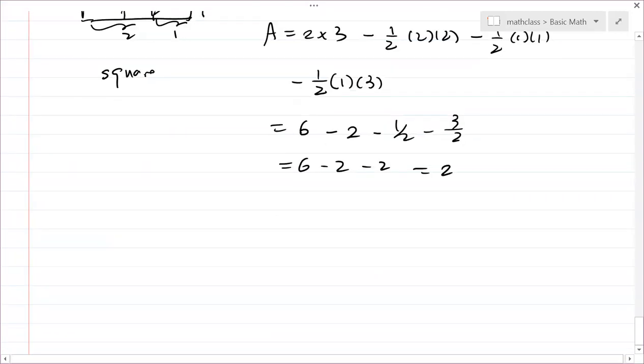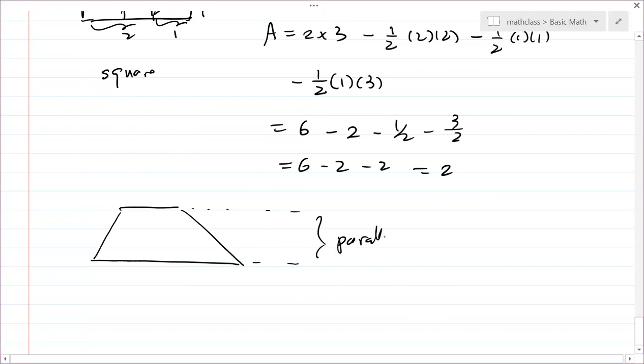So let's think about the trapezoid. What's the definition of a trapezoid? If these 2 lines are parallel, this is called a trapezoid. So a trapezoid is just part of a triangle, right? If you extend it, you get a triangle.